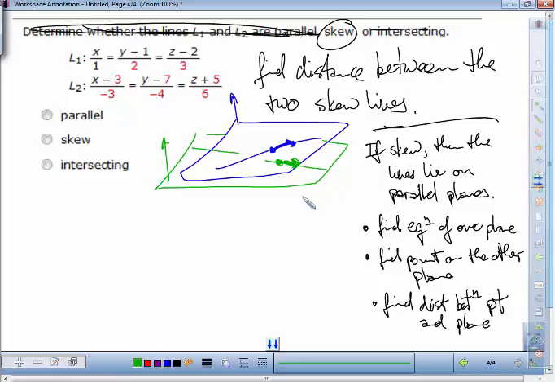And if you put them on one of those planes and you cross them, you're going to get a vector that's perpendicular to both of those vectors. So what we're going to do is find the direction vectors for each line, cross them, get the normal vector, and then just pick one of these lines to have the plane on.